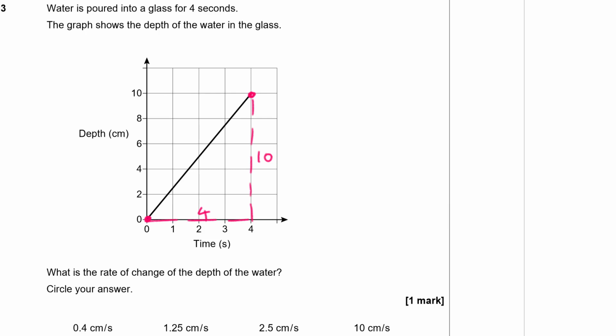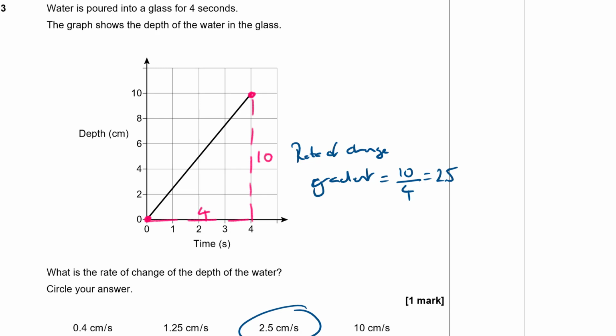So rate of change is the gradient, and that's equal to 10 divided by 4, which is 2.5. That one.